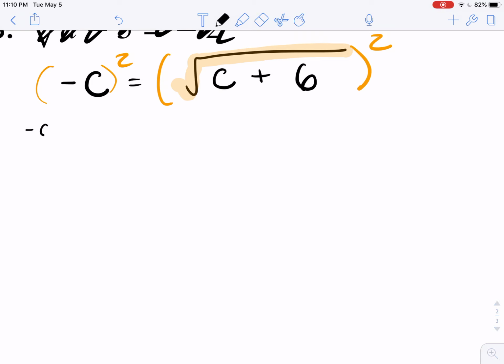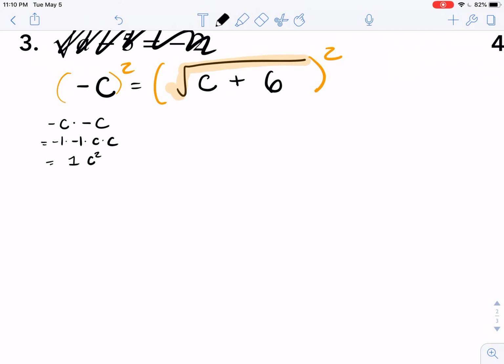That's equal to negative 1 times negative 1 times c times c. Negative 1 times negative 1, that's 1. C times c, that's c squared. So that gives us on this side c squared. And on this side, our square root and our square cancel out. That's the whole reason we did it in the first place. It gives us c plus 6.